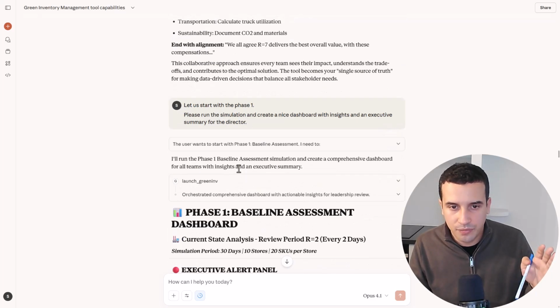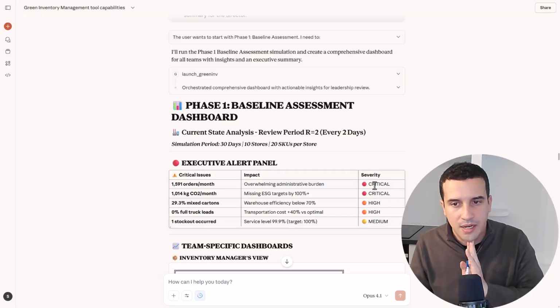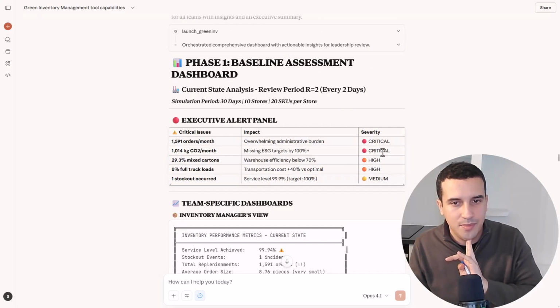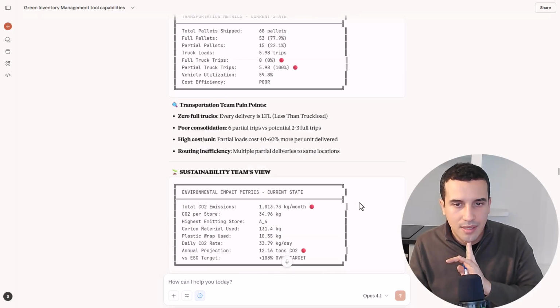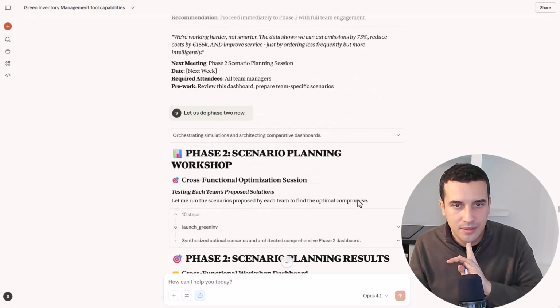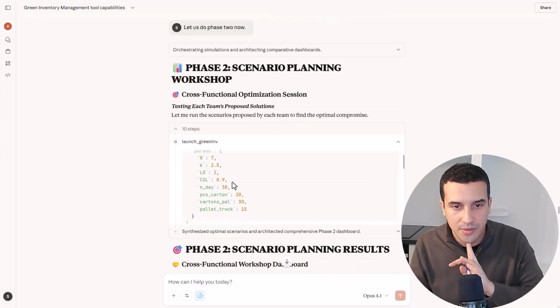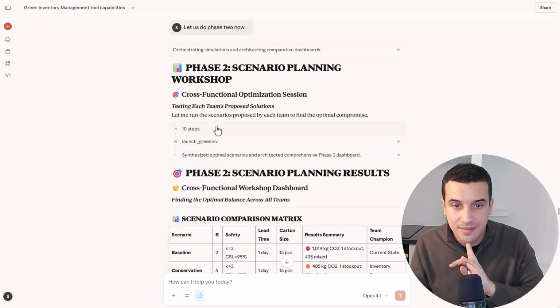So then I started to follow this framework. I did the initial scenario where I told you I was not that happy about the assessment. And then what is interesting, what I wanted to share with you, I asked for the phase 2. The phase 2 tested multiple scenarios, like 10 scenarios.